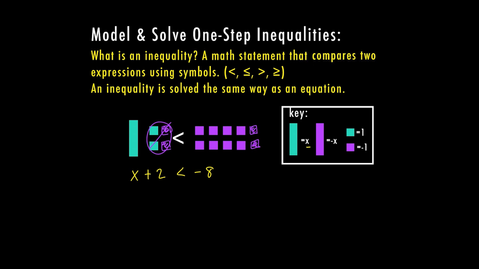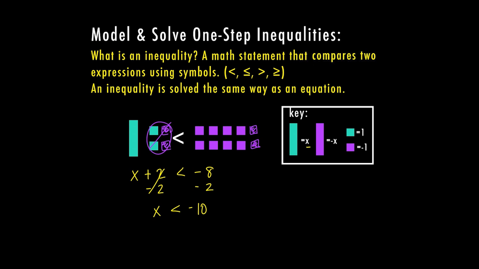Essentially, I'm just undoing the problem. And in that case, I have to subtract 2 from both sides. And so again, this 2 minus 2 is 0, so that's gone. So x is less than, and I know -8 and -2 have the same sign, so I have to add those together and keep my sign. So again, x is less than -10.